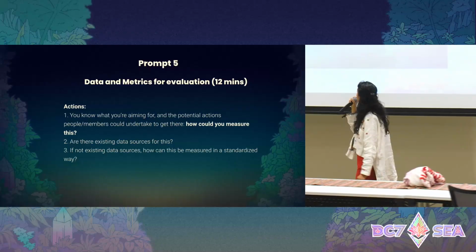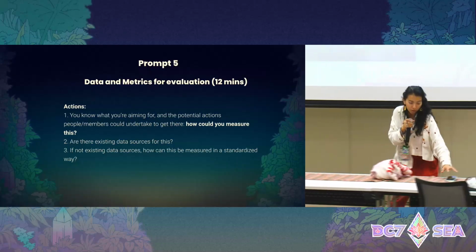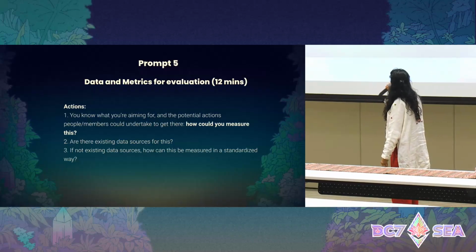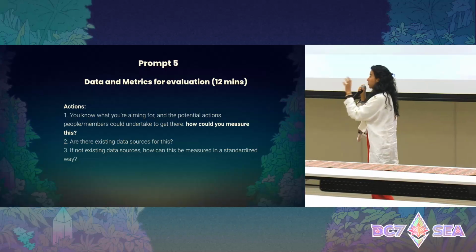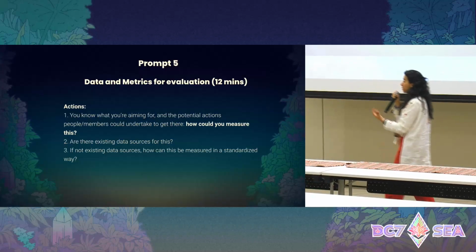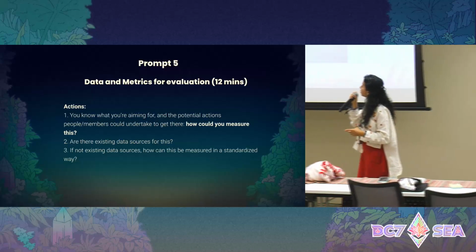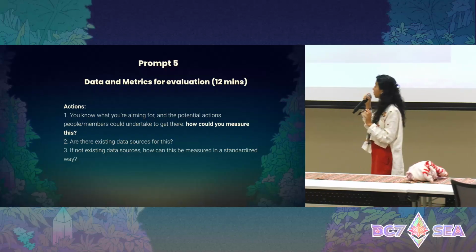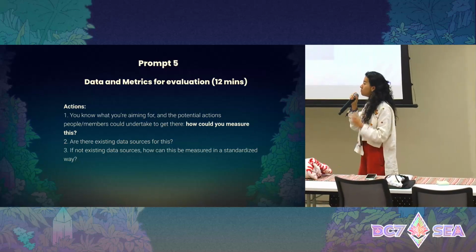There are 2 actions here, or questions that you can use to guide your process. The first one is, based on the behaviors that you want to see happen from these different audiences, what you're aiming for, and the potential actions that the members or people or projects can undertake to get to the North Star, how can you measure these actions?